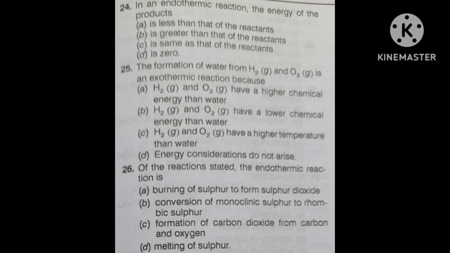An endothermic reaction is allowed to take place rapidly in air. The temperature of the surrounding air: first option, increases; second option, decreases; third option, remains same; fourth option, cannot be predicted. This question you can answer within 10 seconds. Just think and answer.